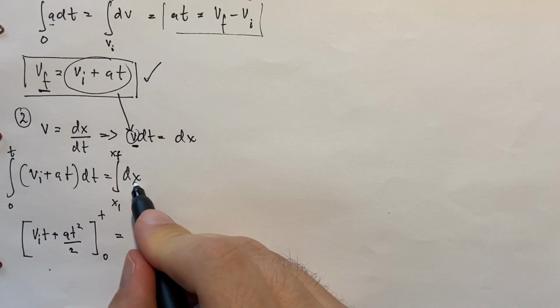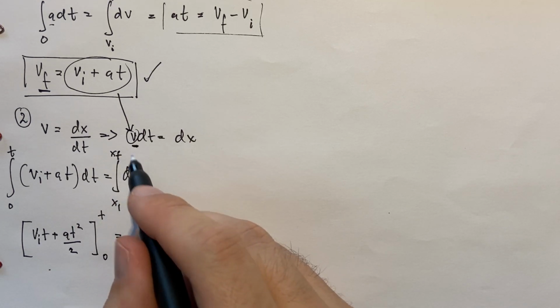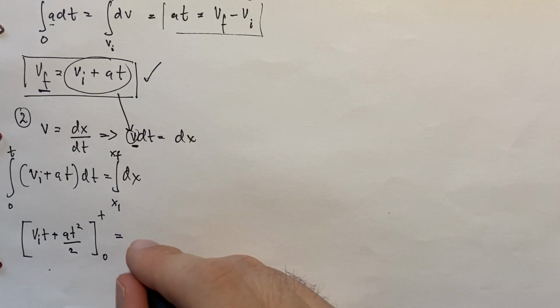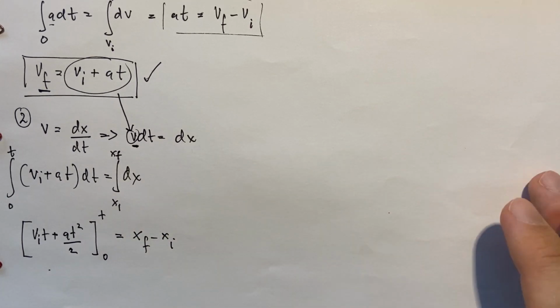And since we don't have, just as before, an x term here, this integral will just be the difference between the upper and the lower limit, xf minus xi.